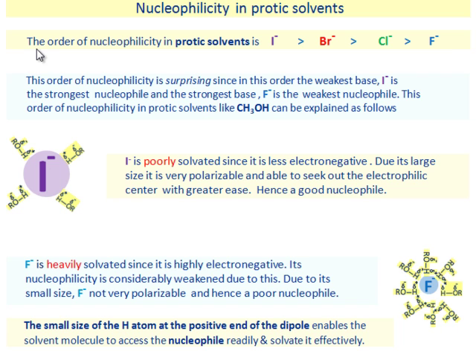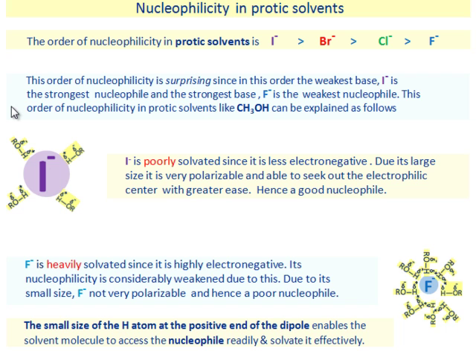The order of nucleophilicity in protic solvents is: I- is more nucleophilic than Br-, which is more nucleophilic than Cl-, which is more nucleophilic than F-. This order of nucleophilicity is surprising, since in this order the weakest base I- is the strongest nucleophile and the strongest base F- is the weakest nucleophile.